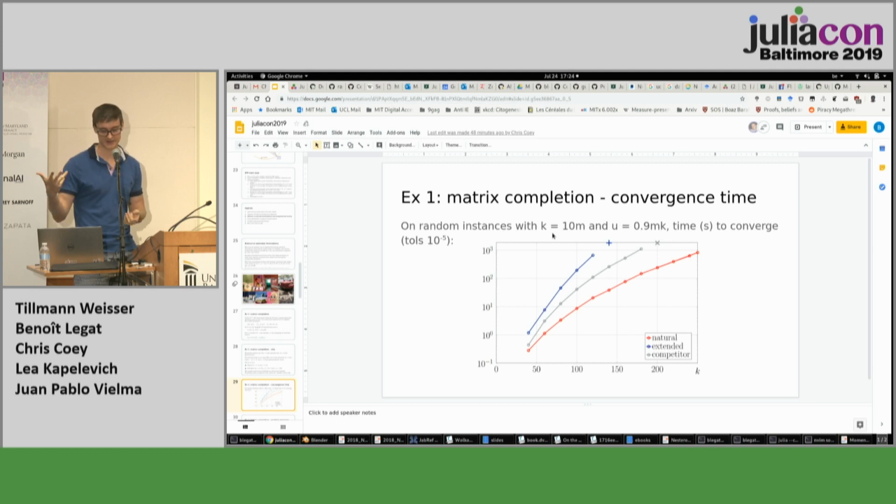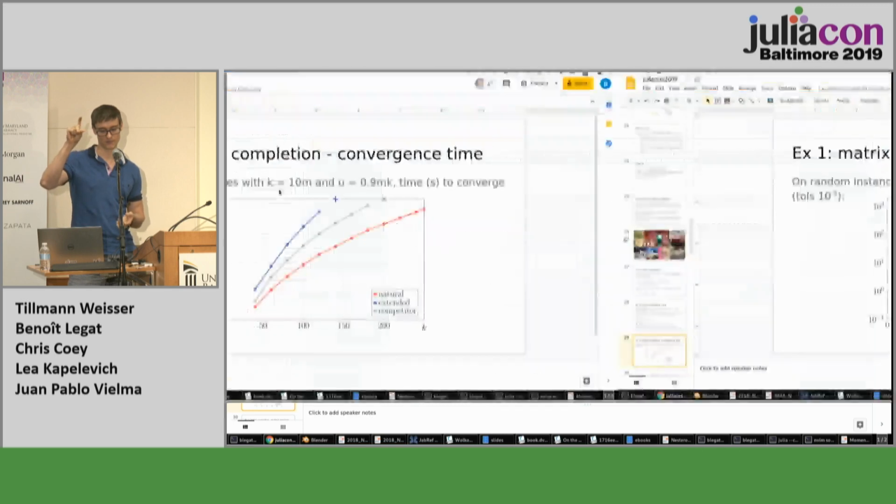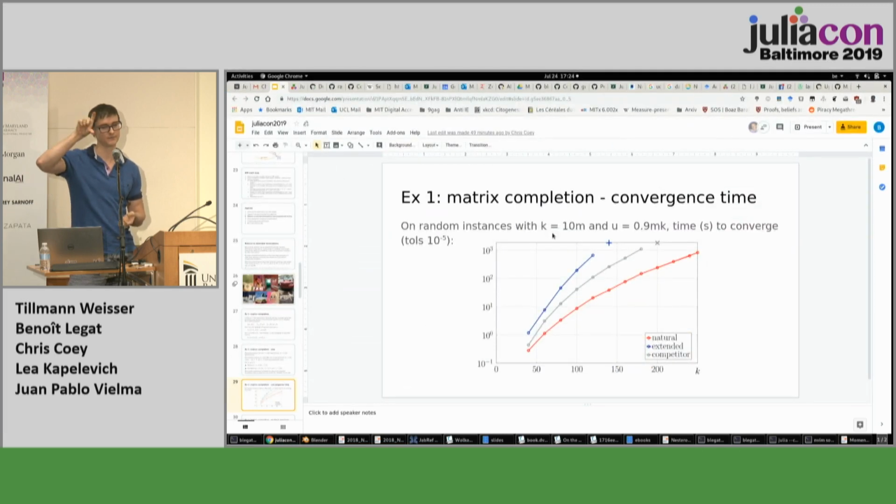And we've just generated random instances with these sorts of sizes, set a tolerance on the certificates of 10 to the negative 5, and we're counting the time to converge as we increase the parameter k, which was the size of one of the sides of the matrix.